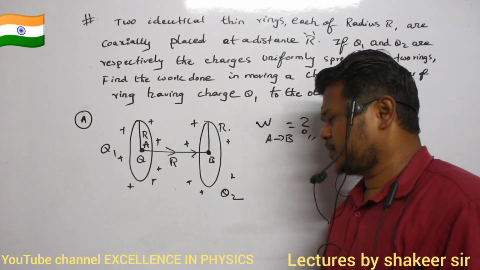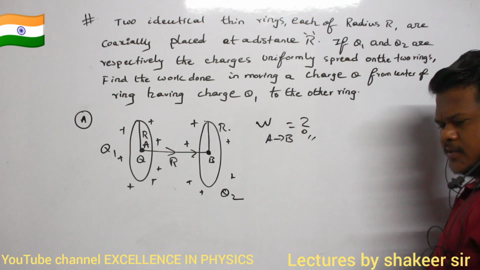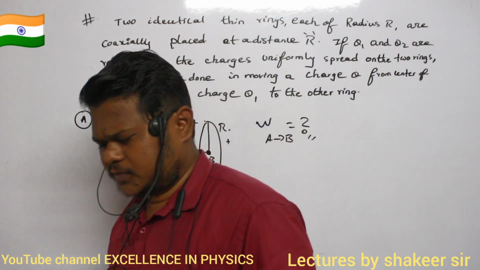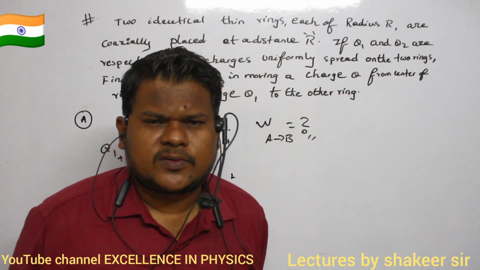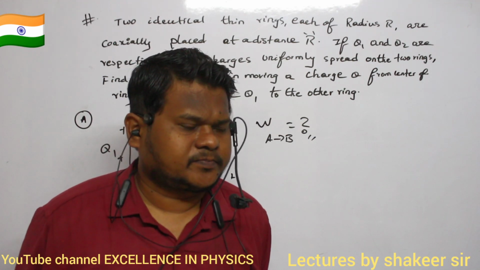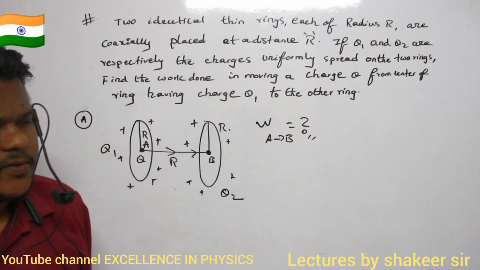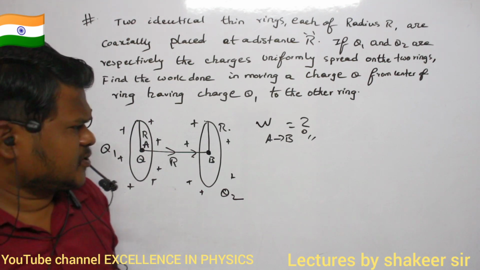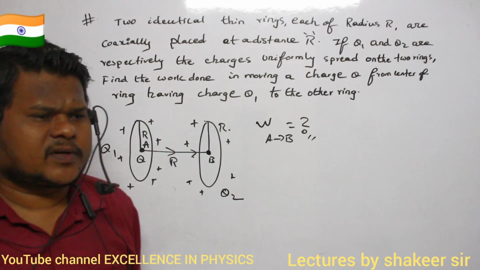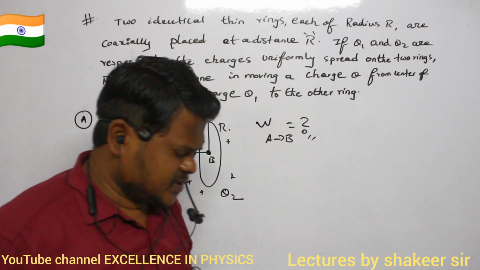So how can we solve this one? To move a charge from one point to another point, first of all, I should know the potential difference between these 2 points. If I know the potential difference, very easily I can calculate the work done. So what is the equation we have?